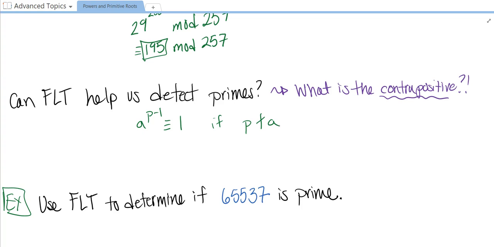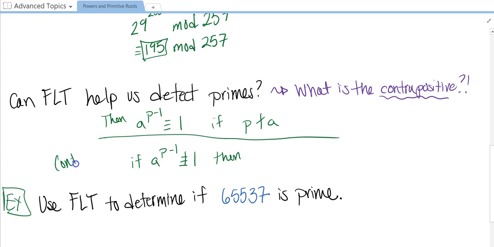For the contrapositive, if a to the p minus 1 is not congruent to 1, then p is not prime. So this could help us detect primes.